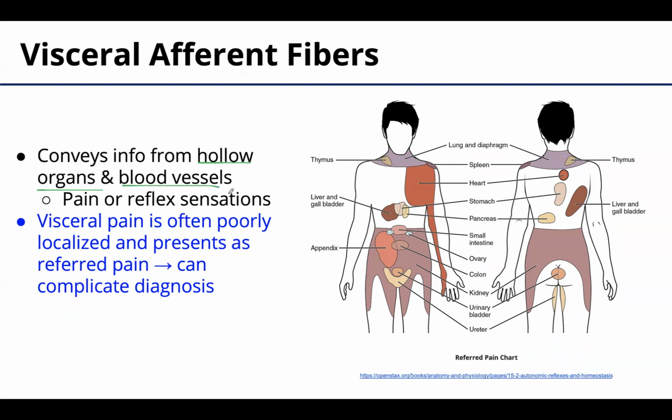Now, what makes these fibers more complex in terms of understanding is that visceral pain is often poorly localized, so you don't have that really clear dermatome map, and it presents as referred pain. And referred pain is pain that is felt at a site remote from the place of origin.